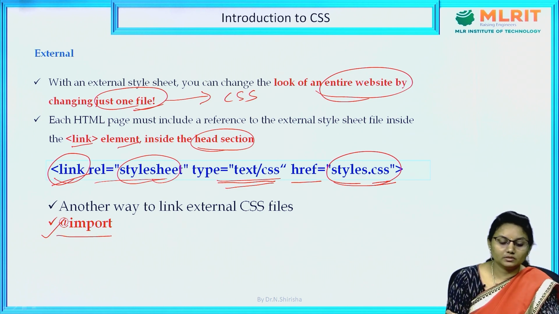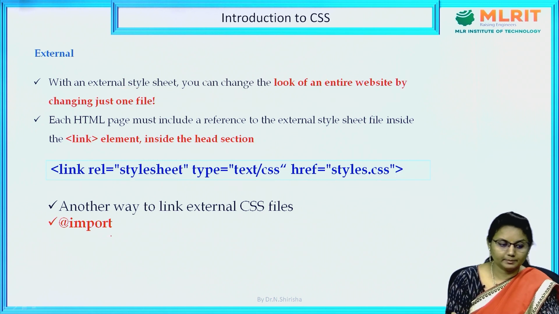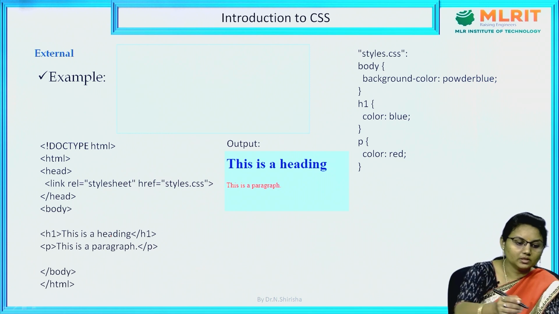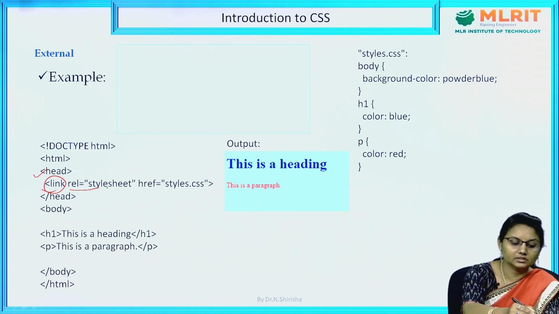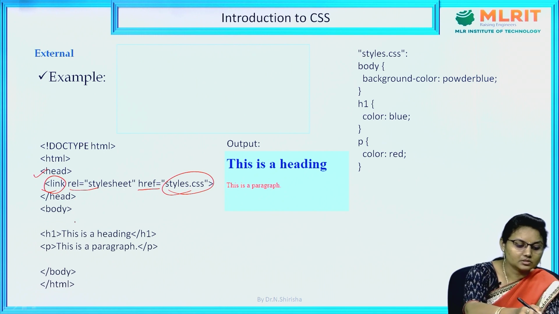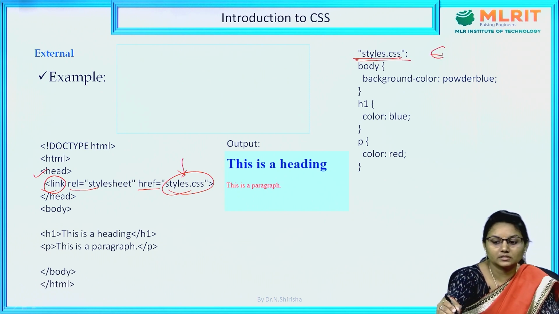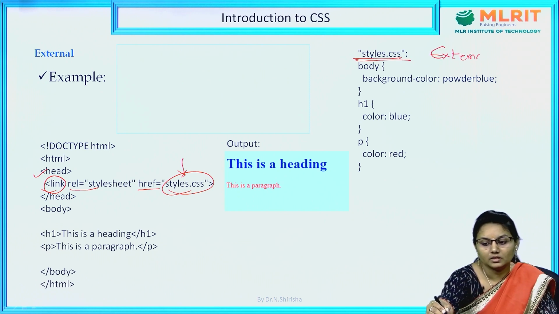So we see this with the help of one example. Here is an example where we are giving an HTML file with a head part. Inside the head you are writing the link with rel, that is a style sheet, and href, which is styles.css. So your head is done. Normally you will write a body part. This styles.css has to be created externally, so this is called an external CSS.